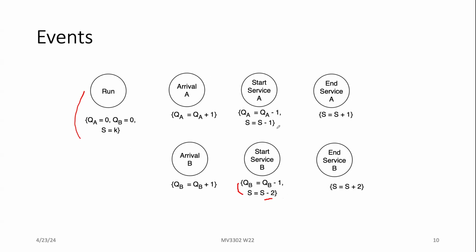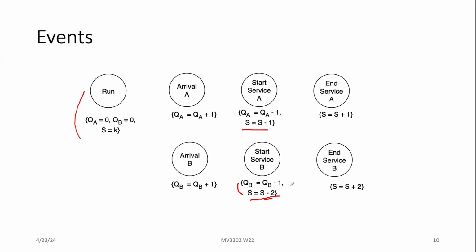So again, this decrement by one is not boilerplate. We take away one here because when we start service on a type A, we lose one server. It takes one server. But here, because we require two servers, we take away two.